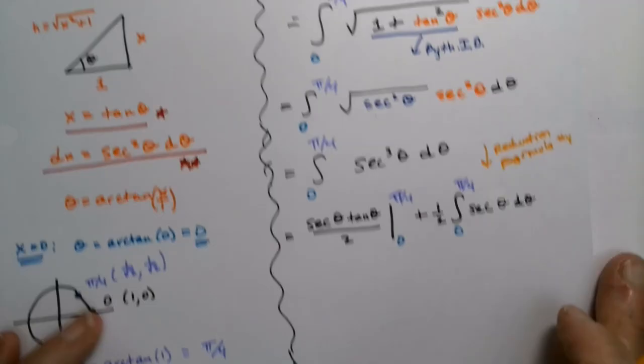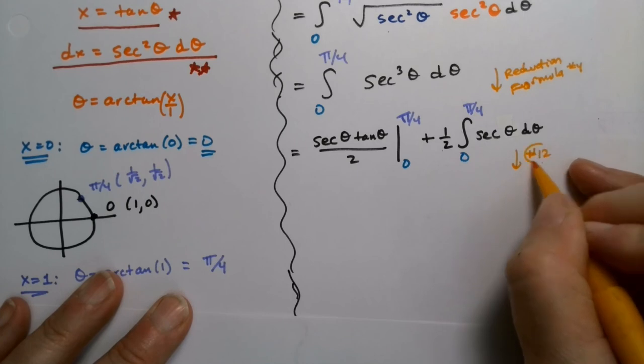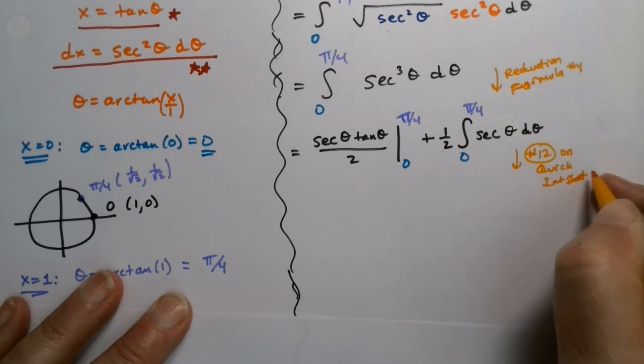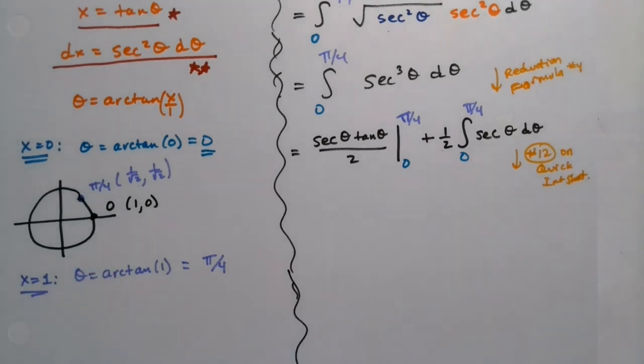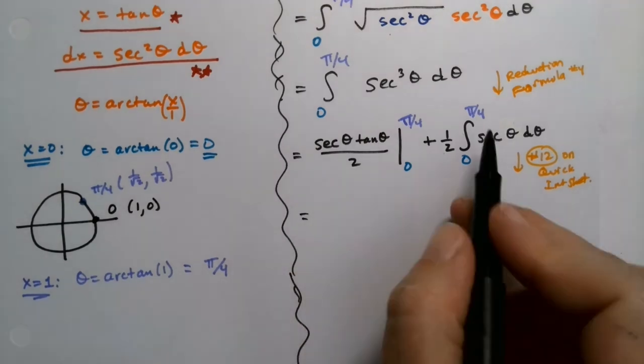And now we're going to use number 12 on the quick sheet. I'm not going to bother putting in pi over 4 and 0 until this is all over, because I want to make it so that's one thing.